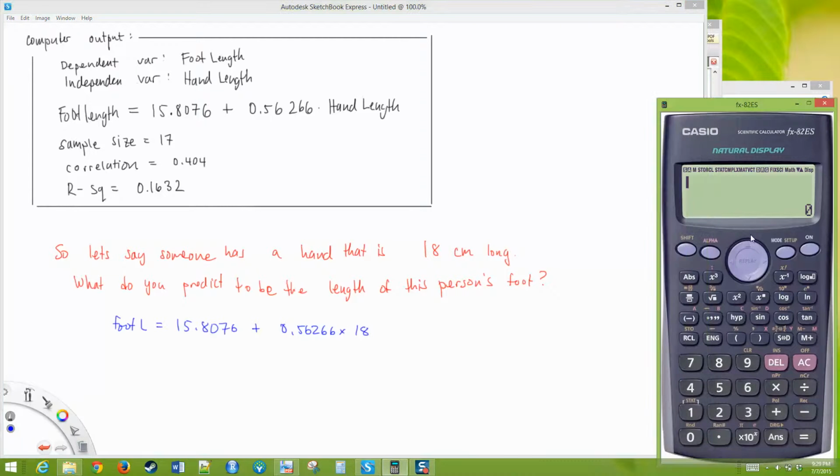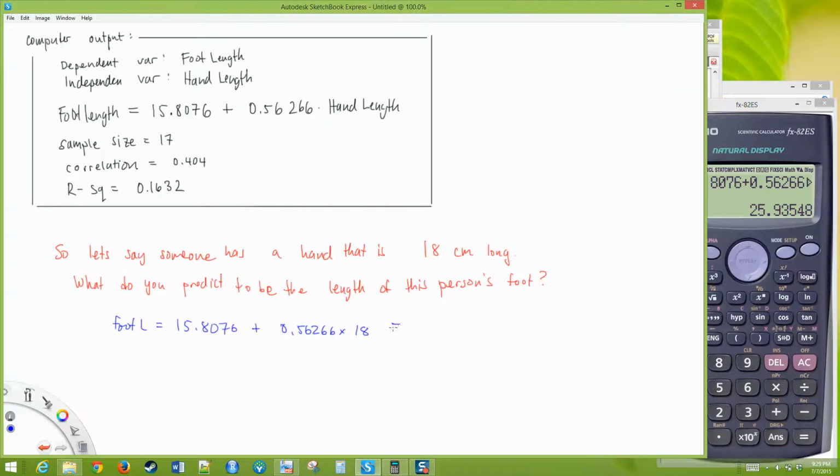So I punch that in, 15.8076 plus 0.56266 times 18, and I get 25.93 something something something. So this is how long we predict the person's foot to be.